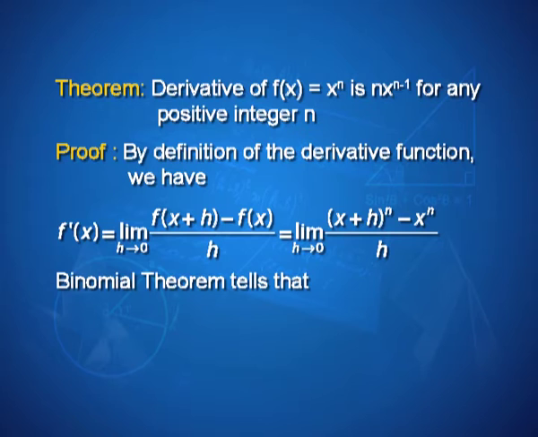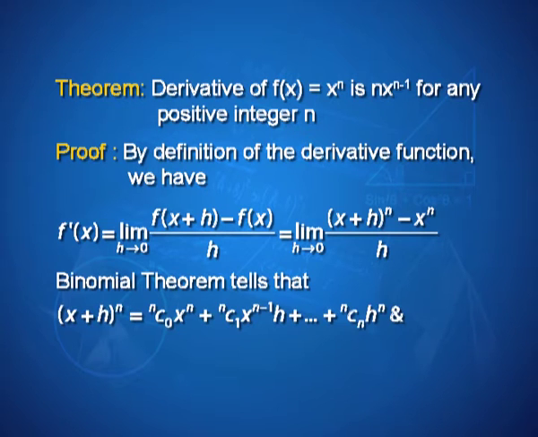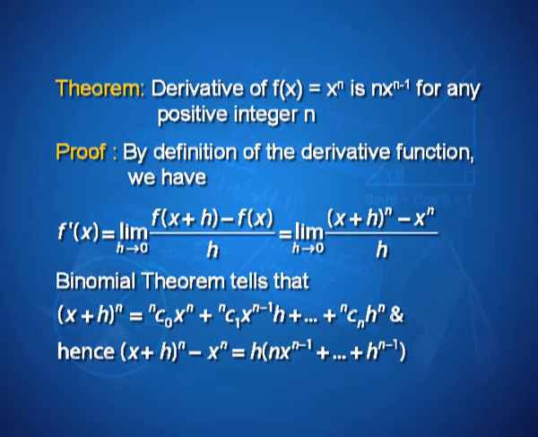The binomial theorem tells us that (x plus h) whole raised to n is equal to nC0 into x raised to n plus nC1 into x raised to n minus 1 into h plus so on plus nCn into h raised to n, and hence (x plus h) whole raised to n minus x raised to n is equal to h into (n x raised to n minus 1 plus so on plus h raised to n minus 1).